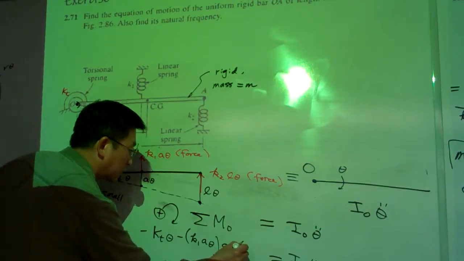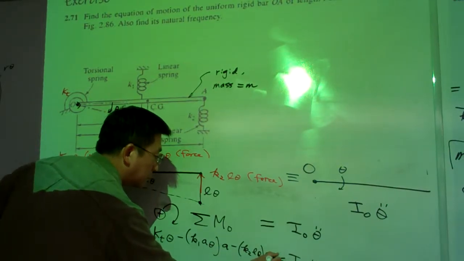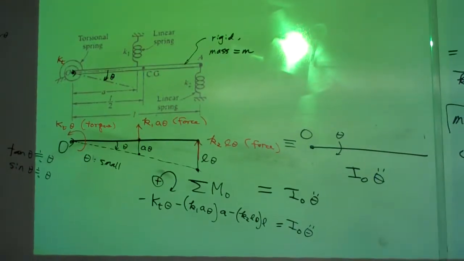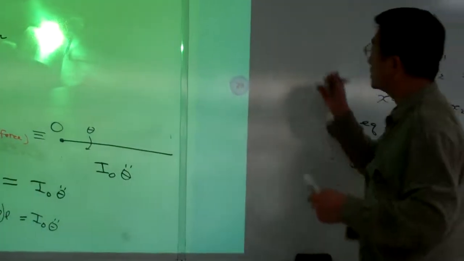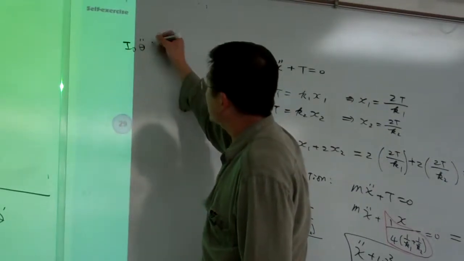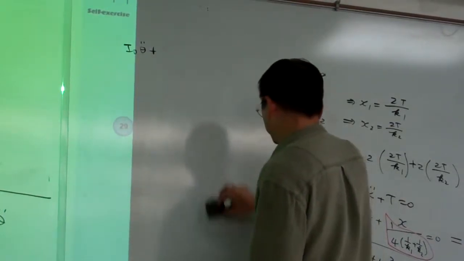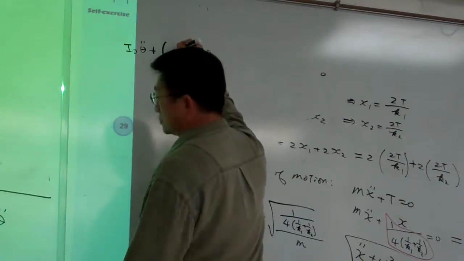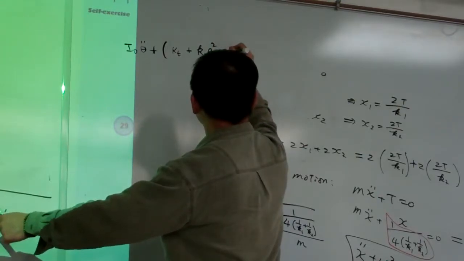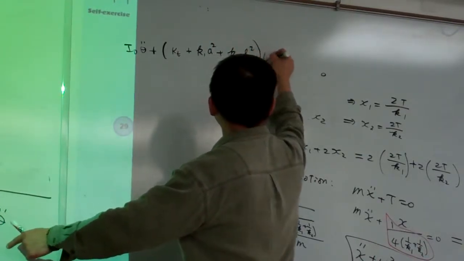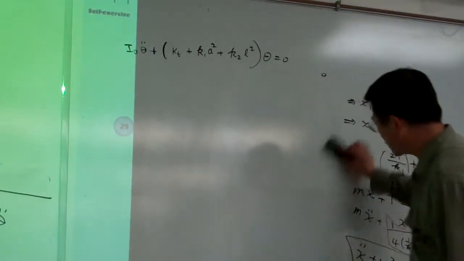And this one, K2 L theta times L. Now we rewrite the last equation: I_O theta double dot plus (KT plus K1 A squared plus K2 L squared) theta equal to 0. This is our equation of motion.